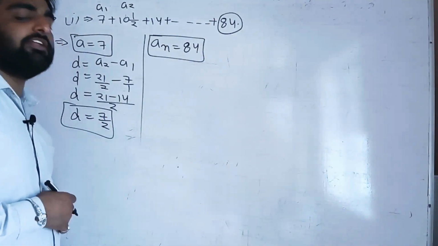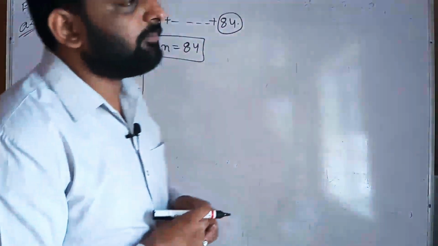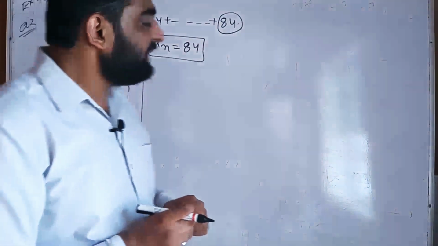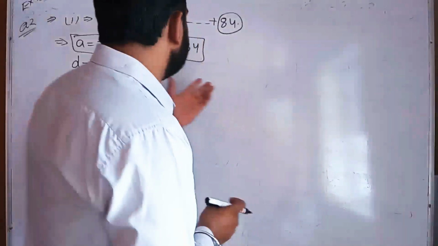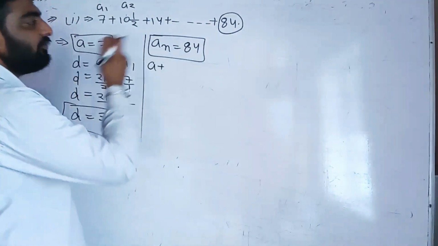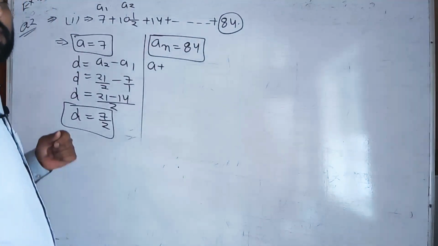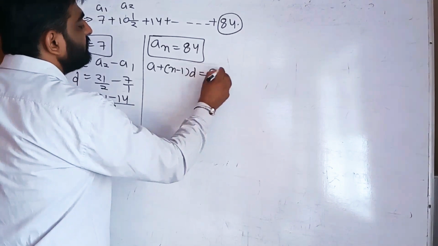So how to find the value of N? Just recall exercise 5.2, students. In that exercise you already studied how to find the value of N with the help of the value of AN. So AN equals 84, because the last term is given in the AP. We consider AN equals A plus N minus 1 into D equals 84.